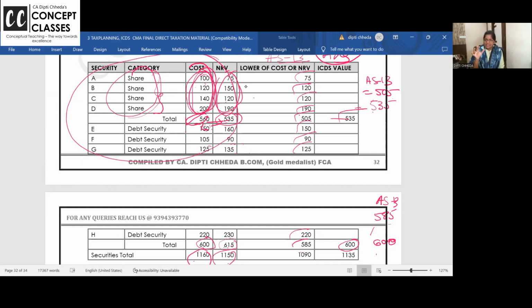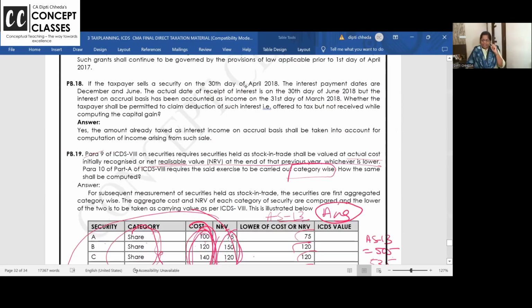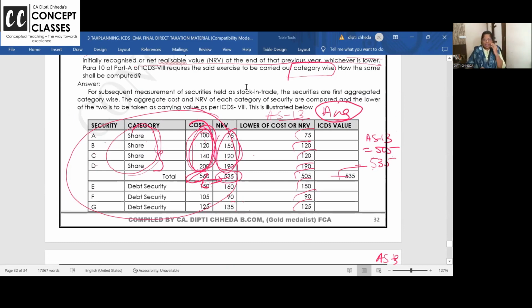Whereas if it is an accounting standard, within the category also script wise. Script wise means company share wise. For A company share, 75 is low. For B company share, 120 and so on. Are you now getting it? Okay, clear. Category wise means category; when I go there, I will again show you. Shares is a category, debt is a category, securities are a category, and so on.